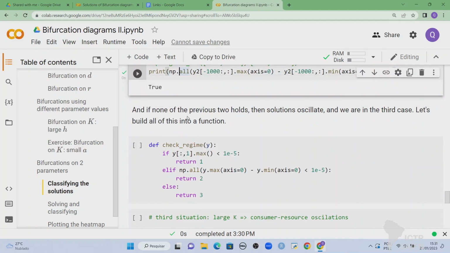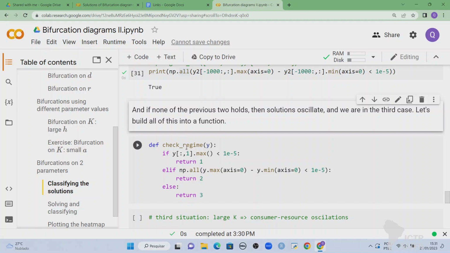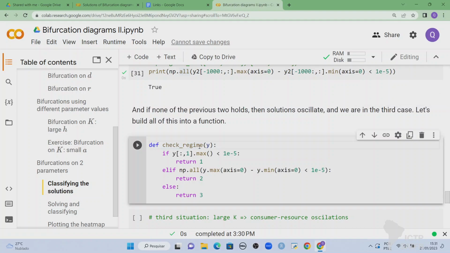Now I will write this as a function. I receive a solution. Here I assume that y is already only the ending of the solution, without the transient part. I check that the consumer maximum is smaller than some threshold.